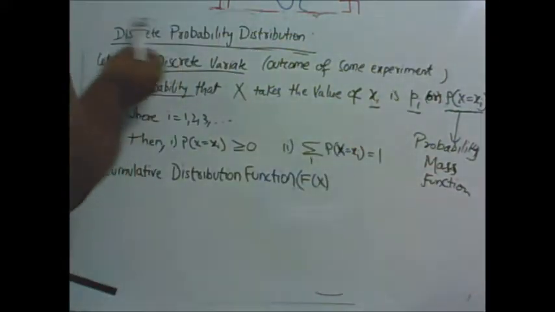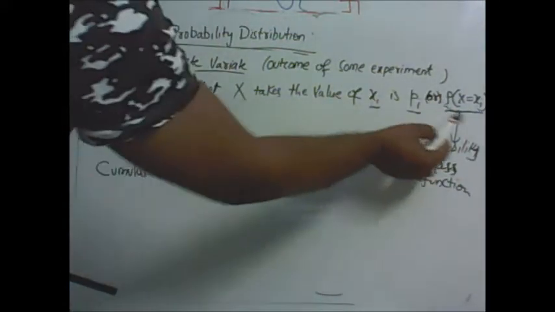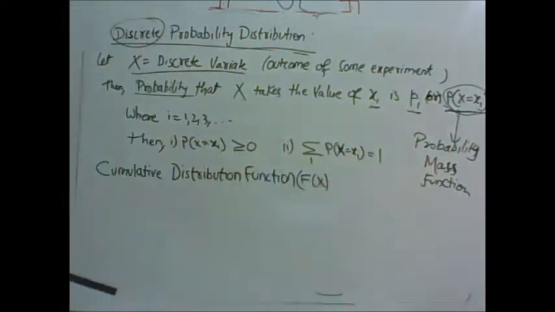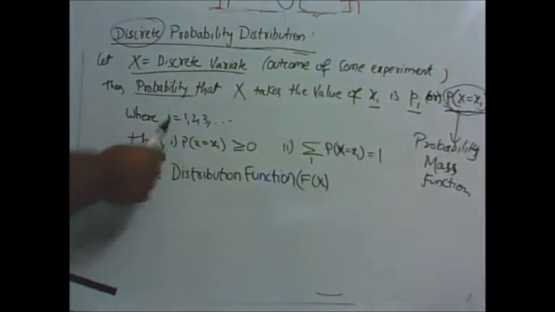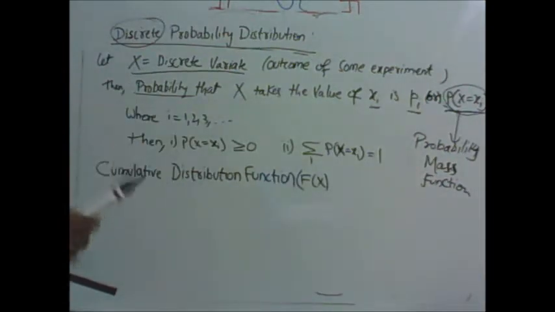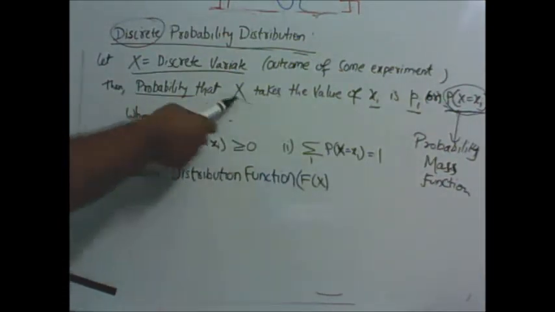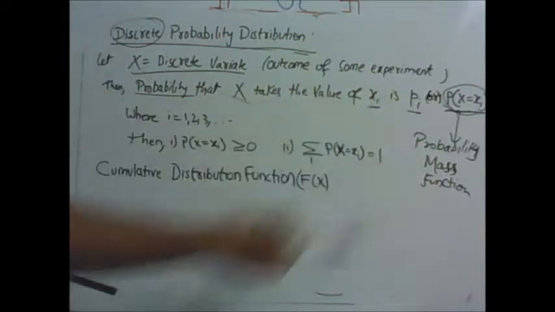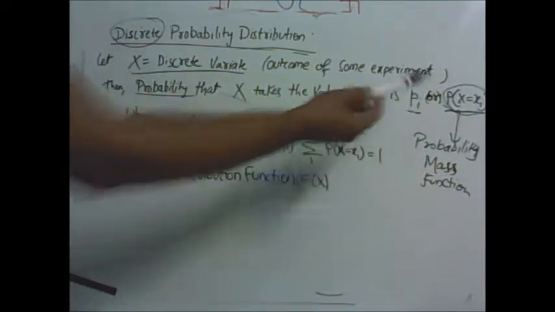For the discrete case, this function will be the probability mass function. This i can be 1, 2, 3, anything, whichever value x takes, x1, x2, x3, whatever.